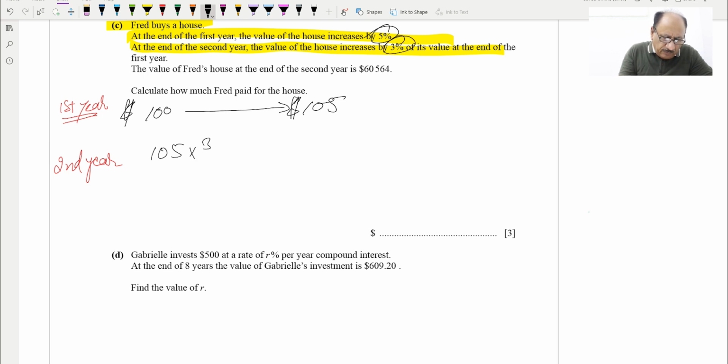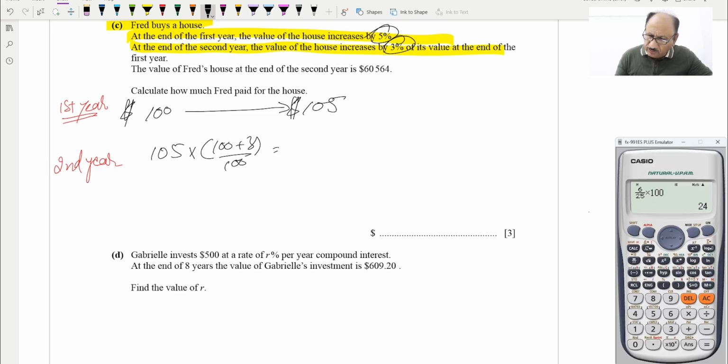So we can directly take 100 plus 3, because the increment is over 100, and this will give us the amount after 2 years. We can write 105 into, in brackets, 103 over 100, and close the bracket, and this will be 108.15.